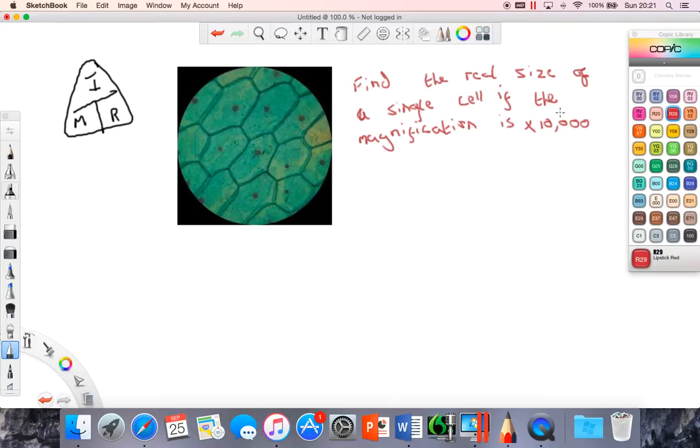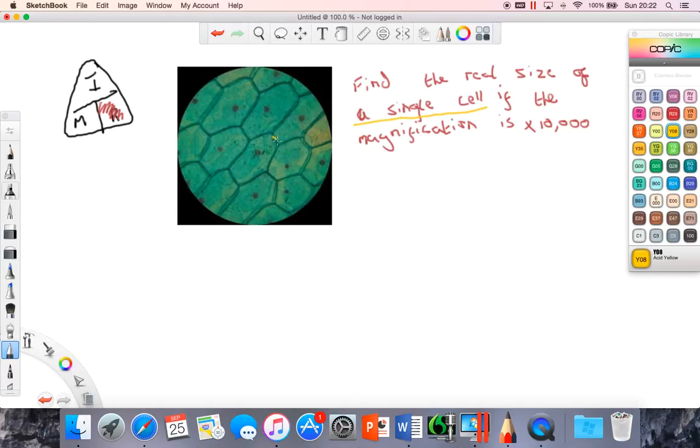Okay? So we want the real size. So we can scribble this out. It tells us we need to do the image size divided by the magnification. Okay? So it wants a single cell. The question is saying a single cell, not the whole thing.